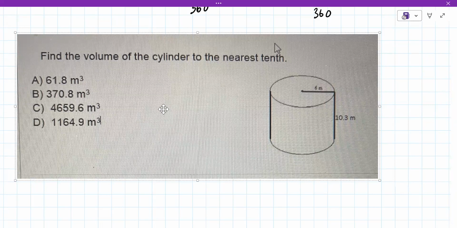So the formula here for the volume is pi r squared h. They're giving you both values, so just give that a try and see what you come up with.